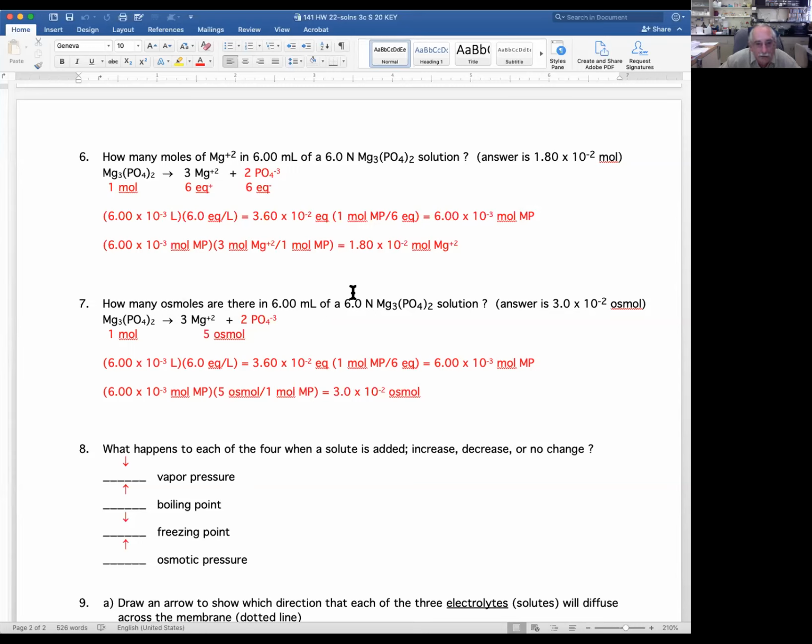And then my conversion factor is equivalents per liter. So I got that many equivalents. And then I turn equivalents into moles of magnesium phosphate. So now I'm here. I just need this conversion factor to convert moles into osmoles. There's the final answer.